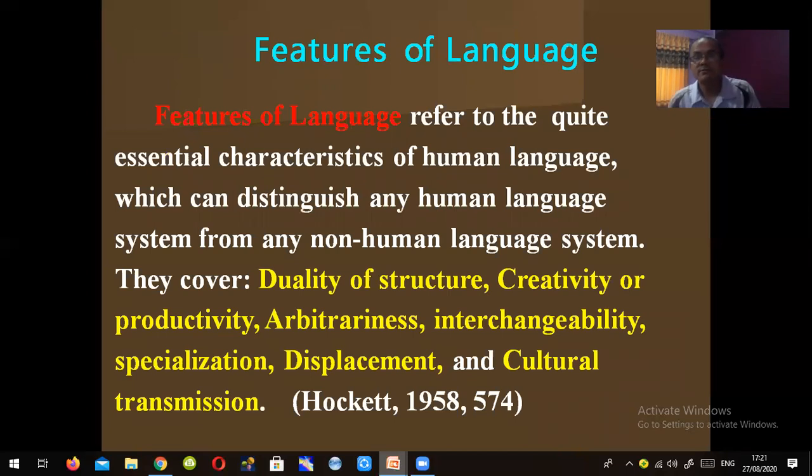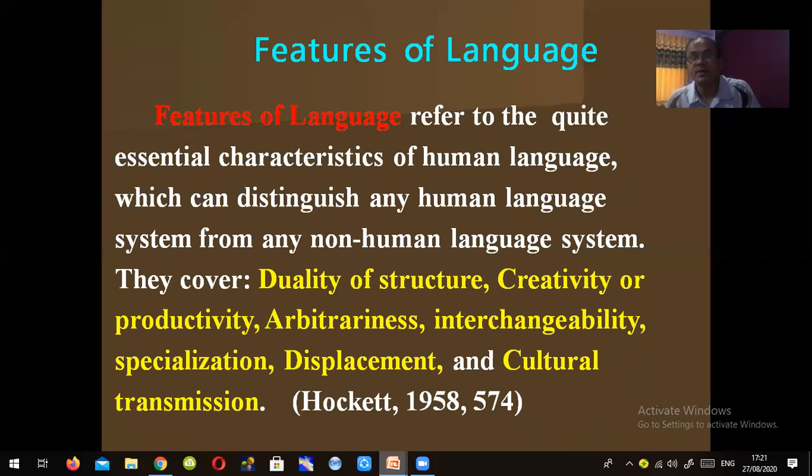So let's talk about features of language. Feature here means the essential characteristics of human language that can help us to distinguish any human language from animal communication. Human language and animal communication.